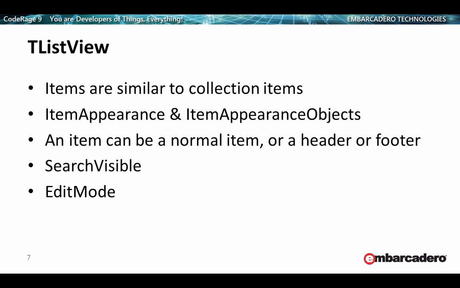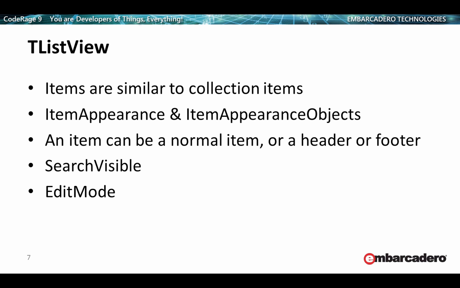Likewise, rather than have different kinds of items that represent a header, footer, and the regular normal item, a single item can have a flag, a property, changed to determine whether or not this item will be a header or a footer. Essentially, you change its capabilities rather than create a different item type altogether.